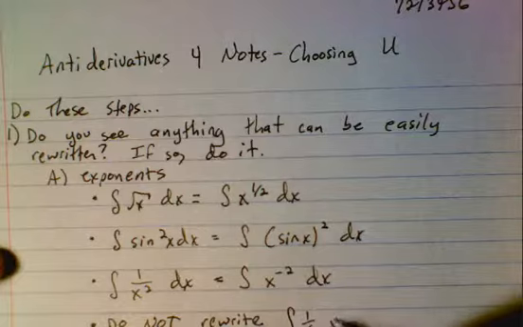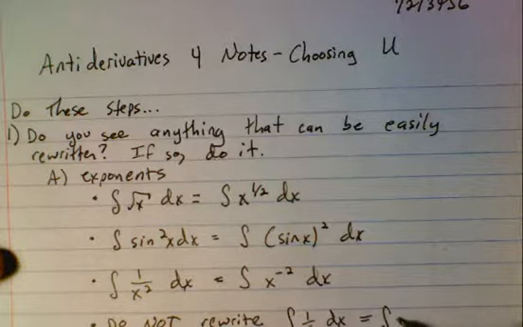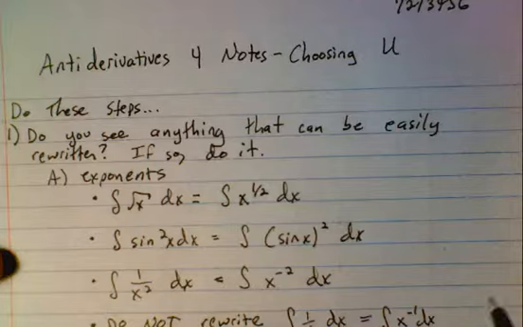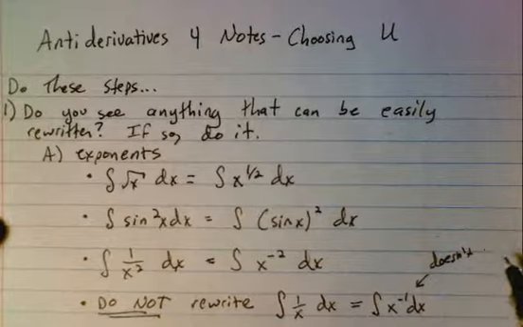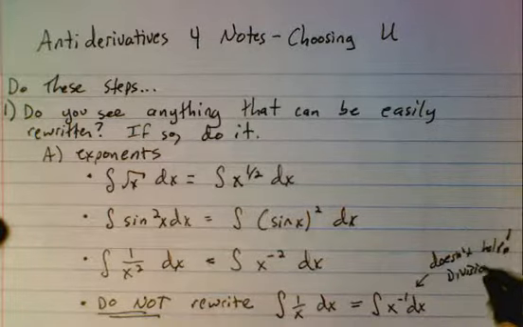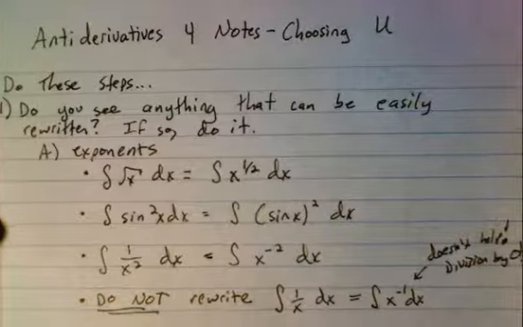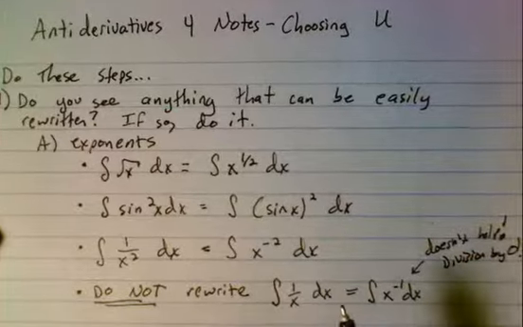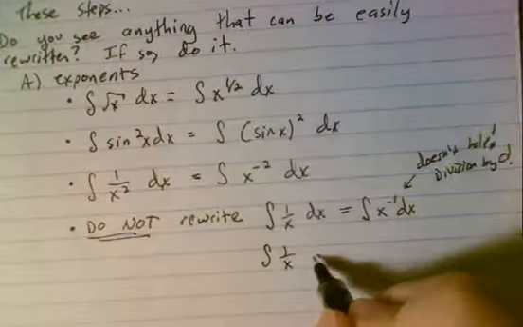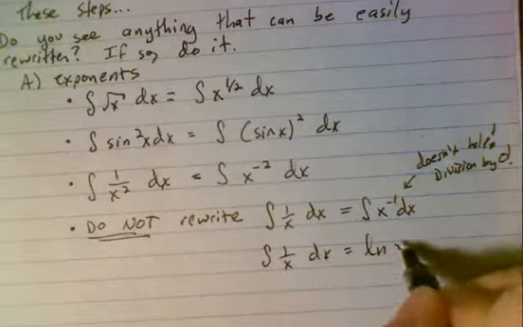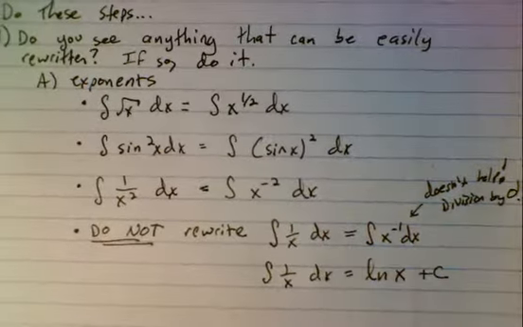That's 1 over x dx, because if we do that as the antiderivative of x to the -1 dx, then we'll get division by 0. Leave 1 over x as is, because that's just the one where we have to remember that the antiderivative of 1 over x dx just equals the natural log of x plus c.